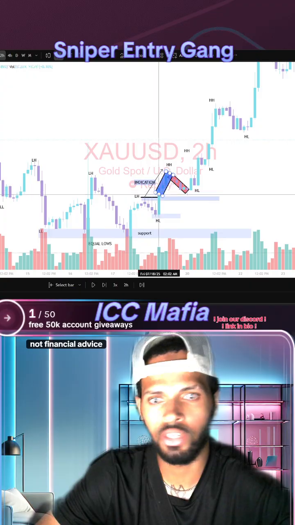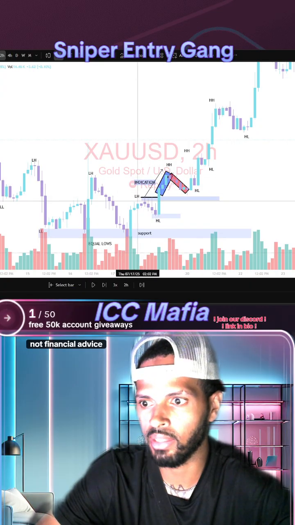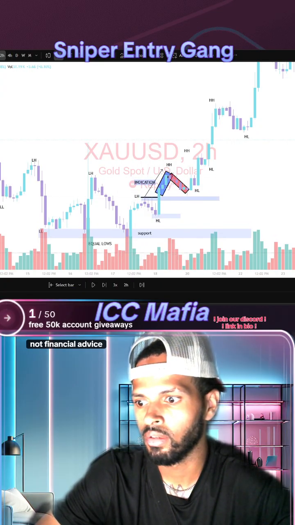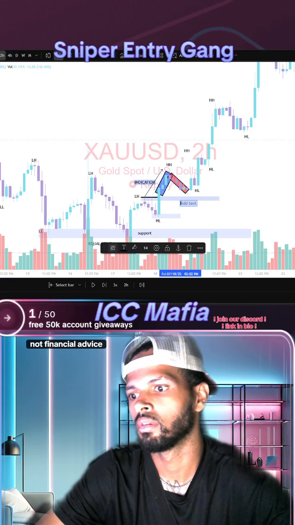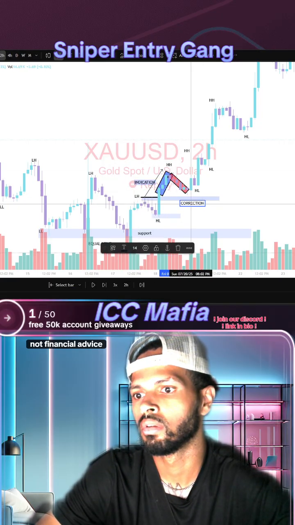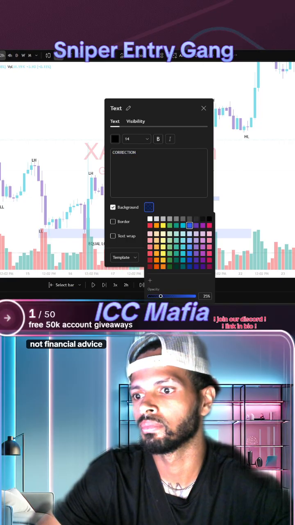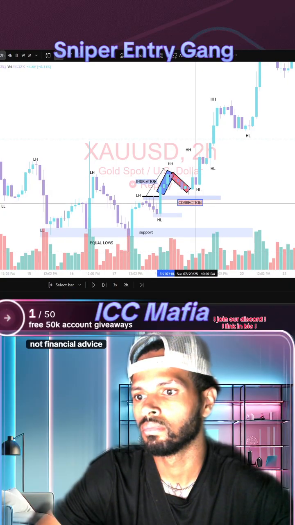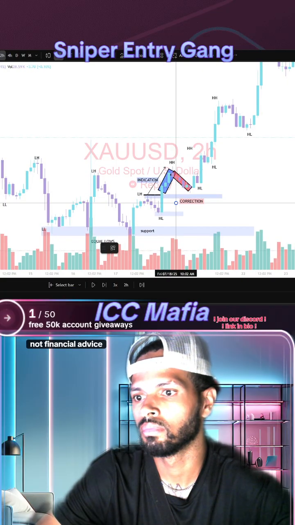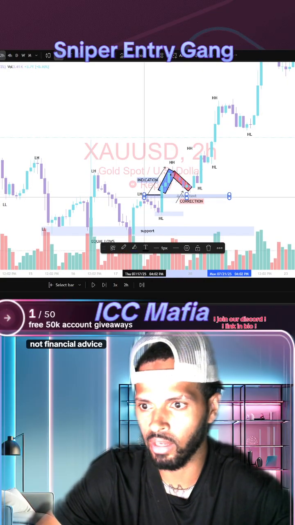All right, indication, blue, our correction back down to our lower high. That's our correction back down to this lower high.